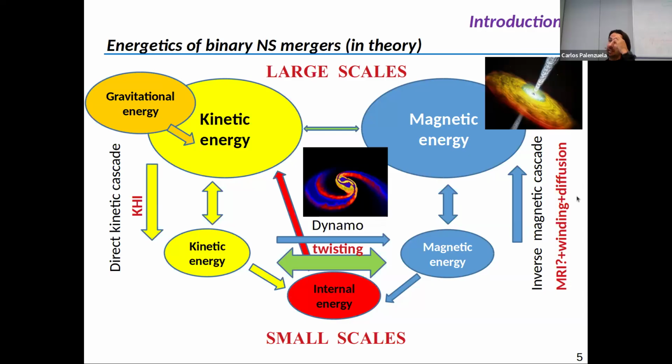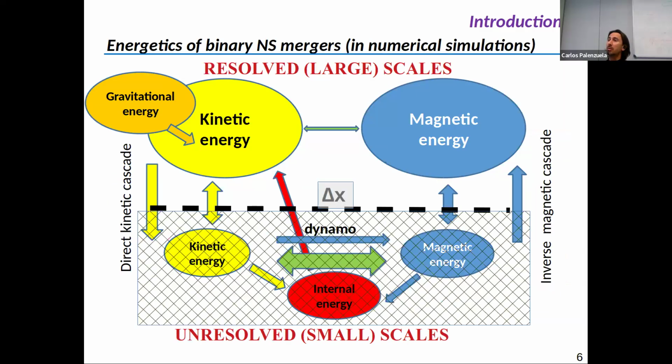So this is in theory, and this is what should happen in the continuum. The problem is that when we try to model it in our numerical simulations, we have some cutoff scale that is given by the resolution of our simulation. And so we cannot model what is happening below this resolution that is given by our computational resources, by the grid spacing of our mesh.